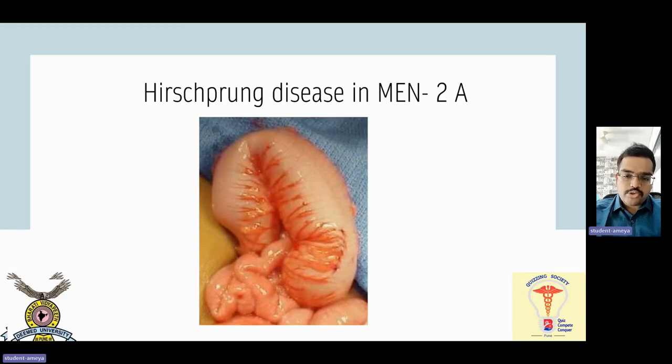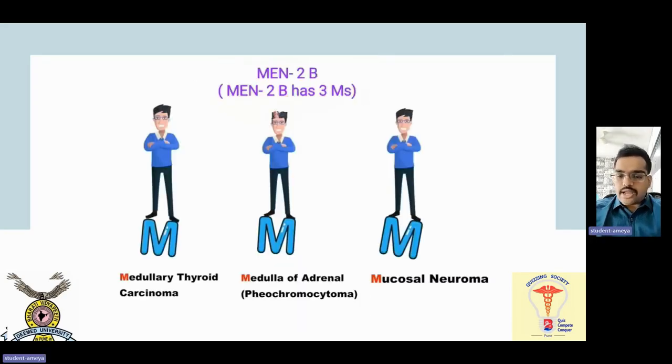Moving on to MEN2B. So in MEN2B, I have shown the slide having 3 men standing on 3 M's. And what are those 3 M's? Medullary thyroid carcinoma, adrenal medullary tumor, that is pheochromocytoma, and mucosal neuromas. Now, in MEN2B, there is mutation in the RET proto-oncogene, tyrosine kinase domain, on chromosome number 10.